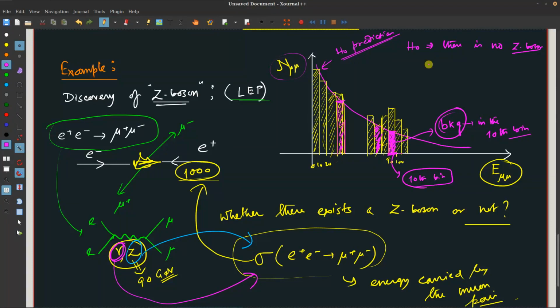So your H0 is that there is nothing new other than photon. So then you have an estimation for the background, okay? And you have actual data, and you want to make a quantitative statement about how compatible the observed data is with the background only hypothesis. That is, there is no jet boson, okay?